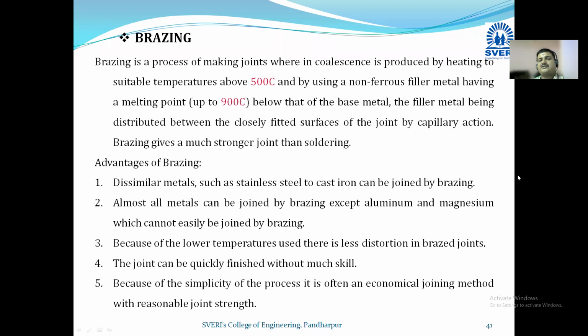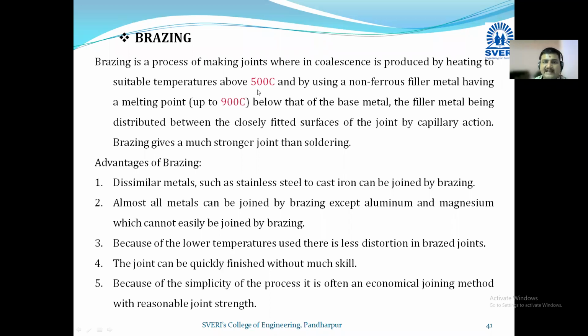Brazing is a process of making joints wherein coalescence is produced by heating to a suitable temperature above 500 degrees centigrade and by using a non-ferrous filler material having a melting point above 900 degrees centigrade.